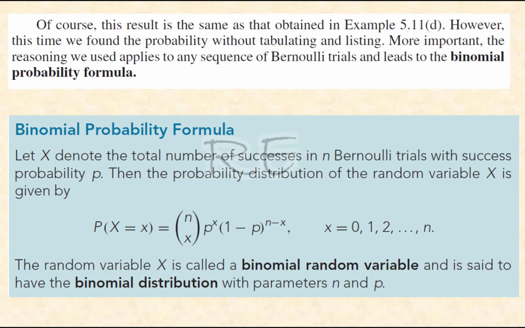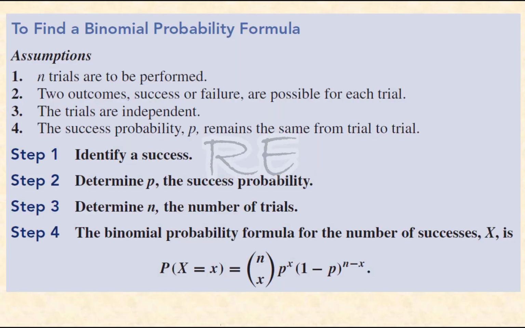The formula says that P of X equal to X will be n choose X, times the probability of success to the X power, times 1 minus P to the n minus X. And X should be an integer, preferably a non-negative integer, meaning that it goes from 0, 1, 2 to n. There are a couple of things we need when trying to use the binomial probability formula: n trials have to be performed, with 2 outcomes, success or failure.